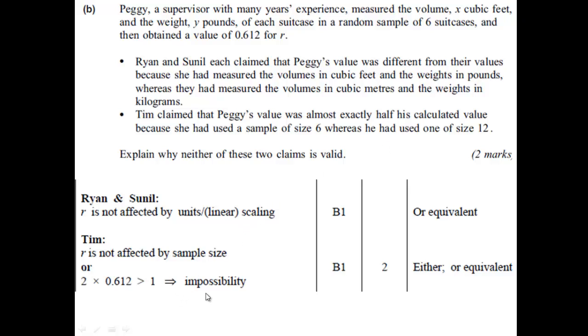The other point you could make, although it's not essential for picking up the mark, is that actually doubling 0.612, as suggested, would be greater than 1, which is impossible, because it has to lie between -1 and 1. But just to say that it isn't affected by sample size would be enough for that B mark.